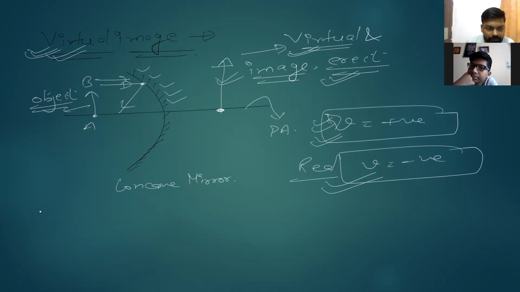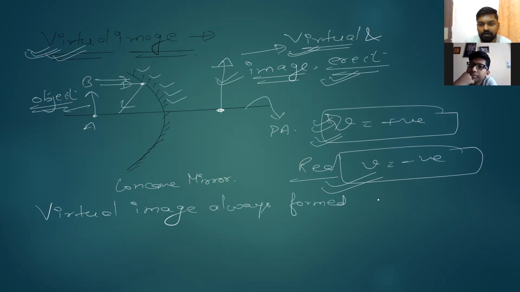I'm writing this statement. Virtual image always formed at the right side of the pole.